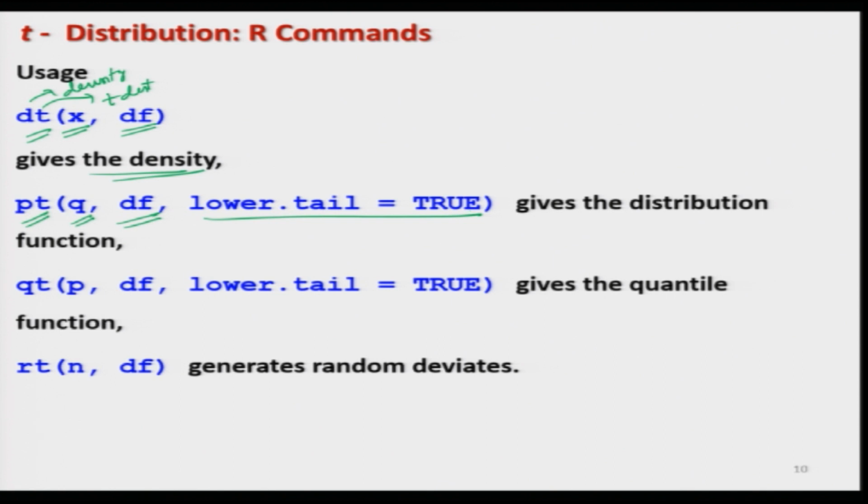Similarly, if you want to find the quantile, you use the function qt; there you give the value of p, the degrees of freedom as df, and then the option lower.tail equal to TRUE or FALSE depending on your requirement. And if you want to generate random numbers from the t distribution, the command is rt, where you give n, how many random numbers you want to generate, and then specify the degrees of freedom.